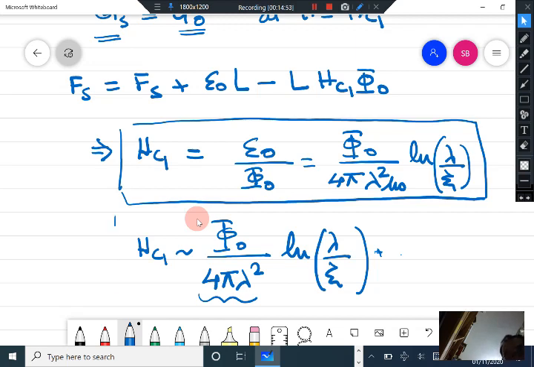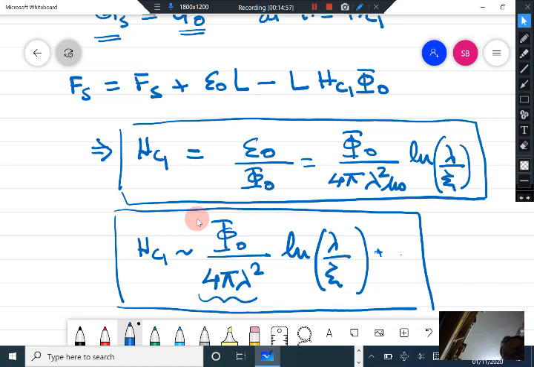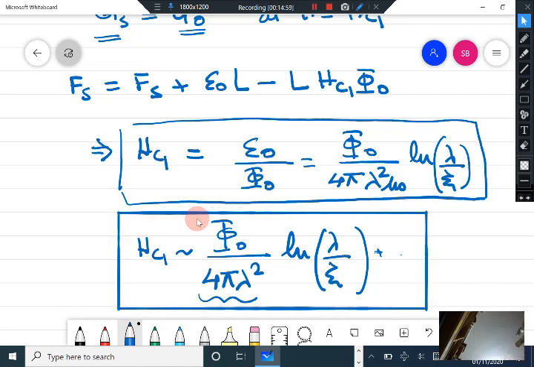But Hc1 basically would be of this form. And this is your lower critical field of a type 2 superconductor, which separates a state with no vortices from a state where one vortex has been created inside the superconductor.